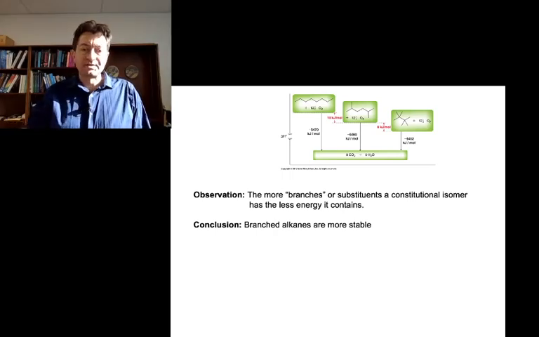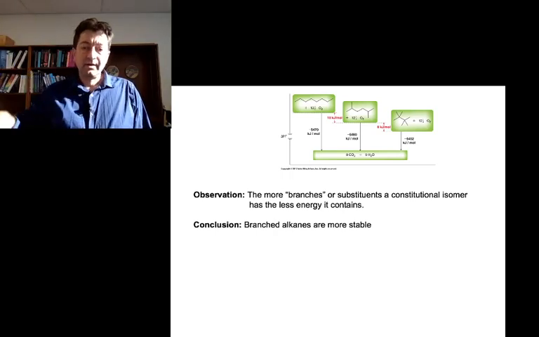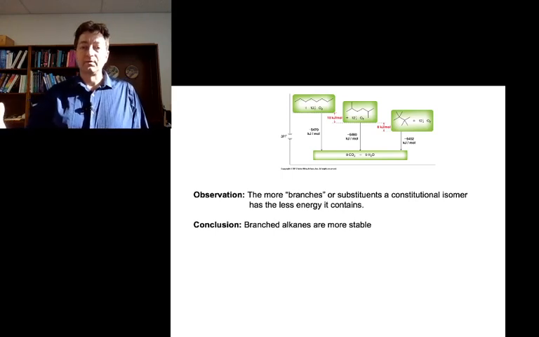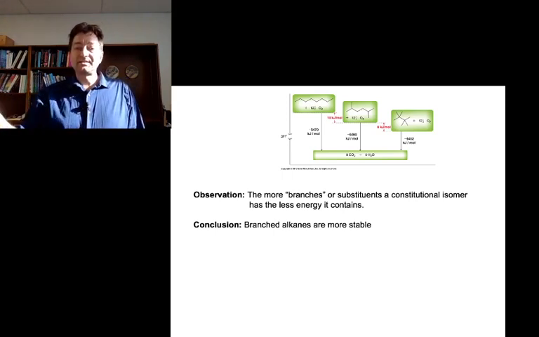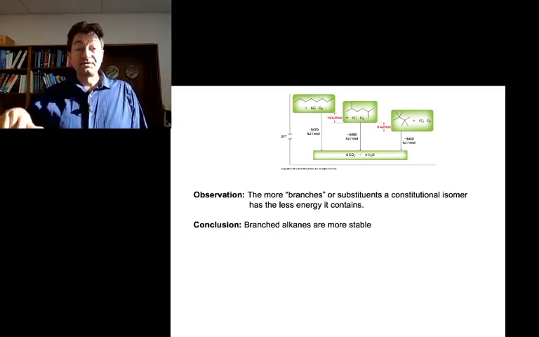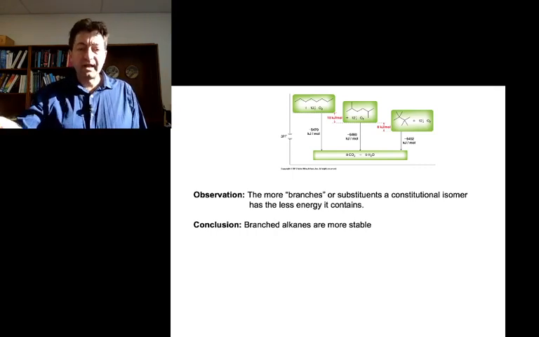You're more stable standing on a chair than you are balancing up high on a table, or maybe even more stable standing on a stool instead of that chair. This is a way we like to think about molecules. Molecules that contain less energy are more stable in some way. And so our conclusion based on these observations is that the more branches an alkane has, the more stable it is.